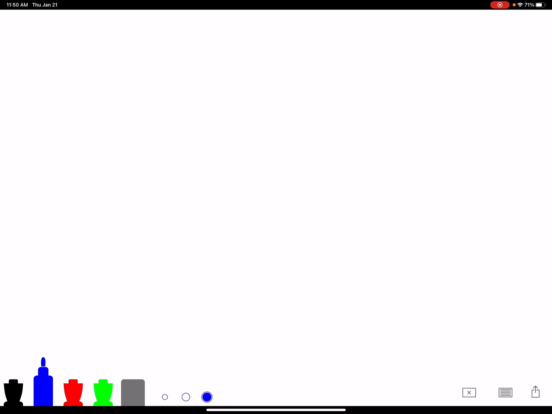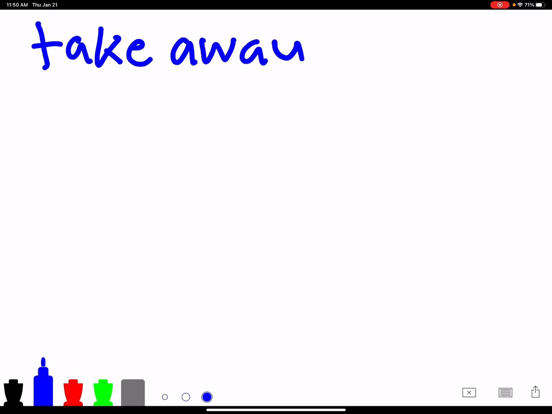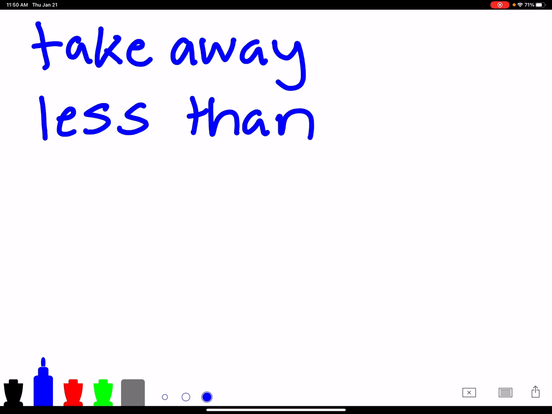We're going to say blue is subtraction. So if you read a problem and you see words like take away, less than, fewer, you're most likely going to use subtraction.